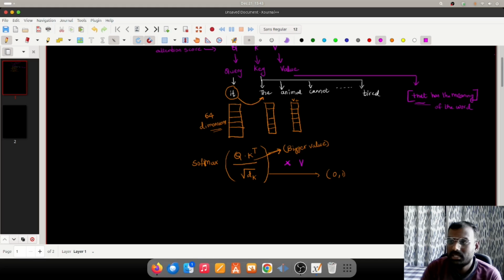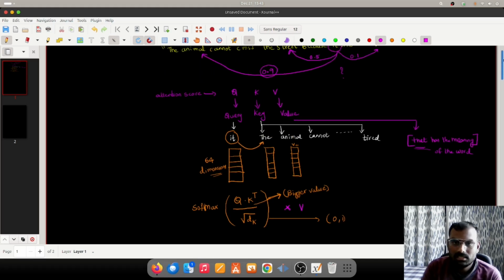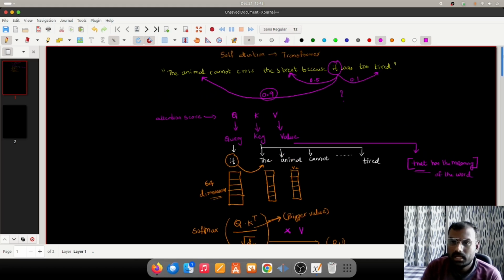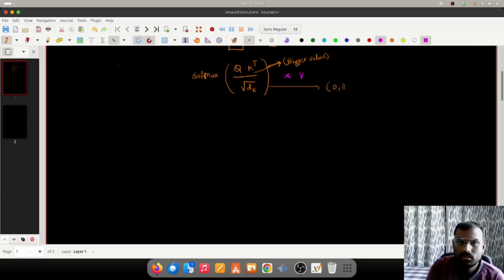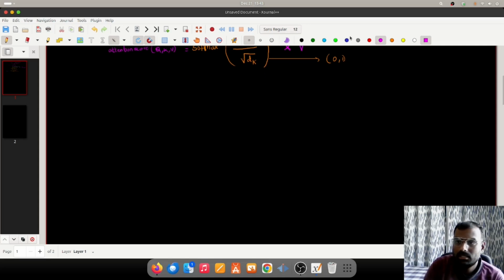So to understand it even more easily, I will give you an analogy for this. This is the attention score, which is a function of query, key, and value. So I will give you an analogy so that you can understand it quickly.